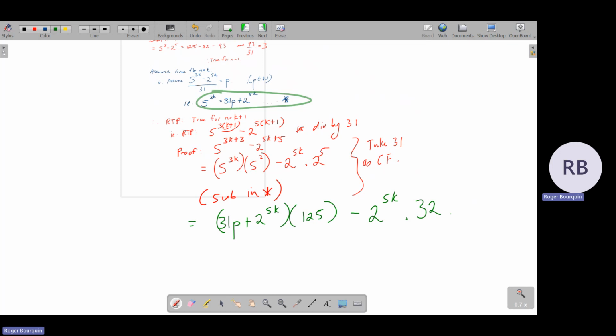Right. And what are we looking to take out? Right, pause. What are we looking to take out? 31. Come on, I'll give you a minute. Why don't you take out 2 to the 5? Engage with your neighbor.